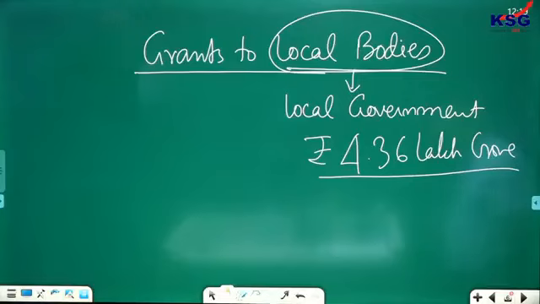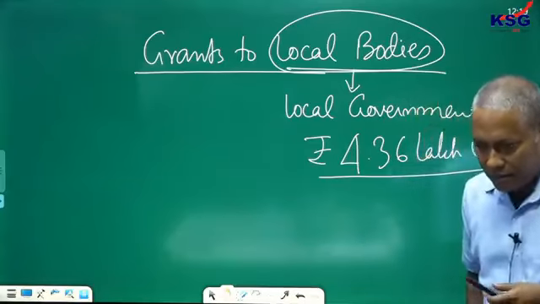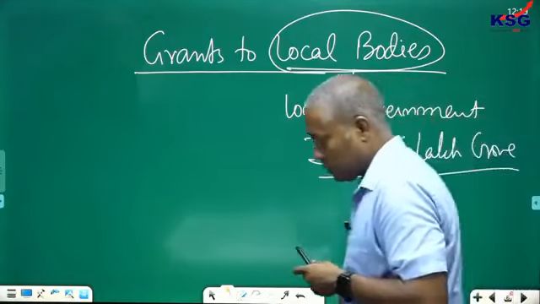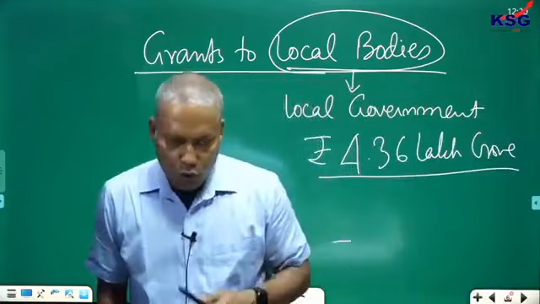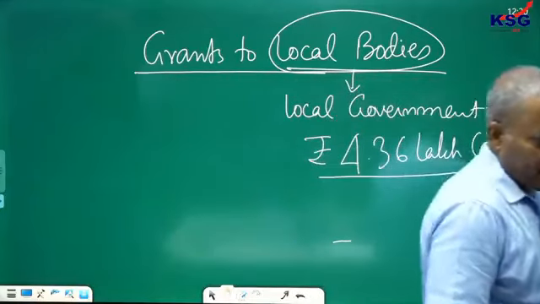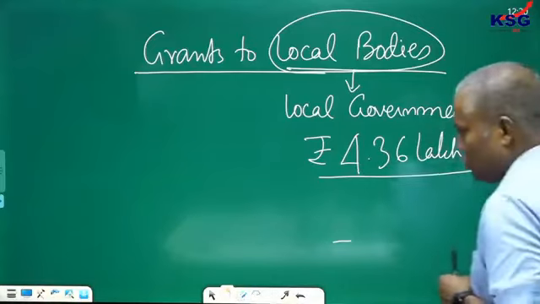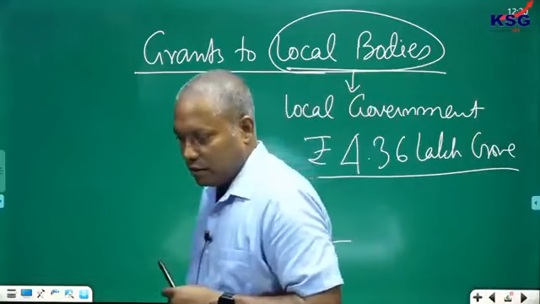To change the para, you write: rupees 2.4 lakh crore out of this for rural local bodies, comma, 1.2 lakh crore for urban local bodies.